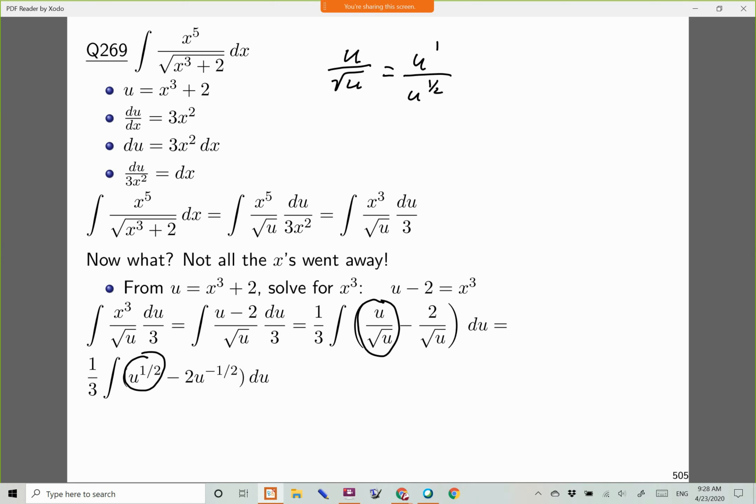So we have to subtract the exponents. You're more familiar with when you have 2 things with the same base and you're multiplying them, you add the exponents. So in sort of reverse, when you're dividing the 2 things, you have to subtract the exponents. So you have here u to the, subtract the exponents, 1 minus 1 half. And that 1 minus 1 half is why you see this exponent of 1 half here.